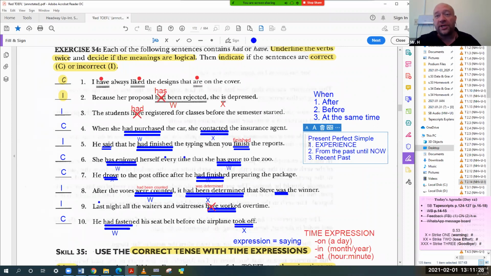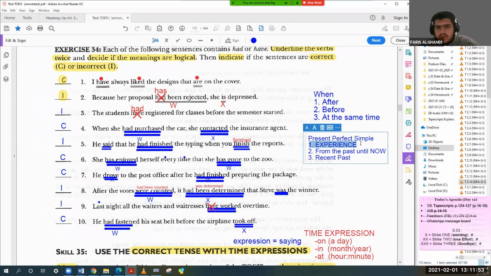And also experience is usually one experience before now. That's why it's present perfect. But in this example, we have two experiences before now. And both of those experiences happen together.